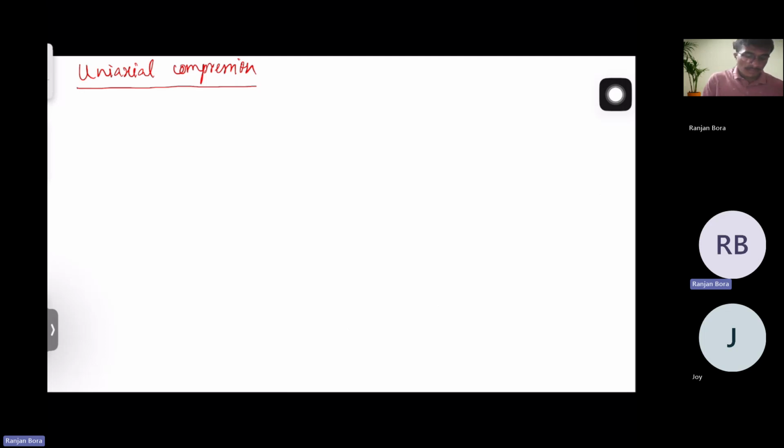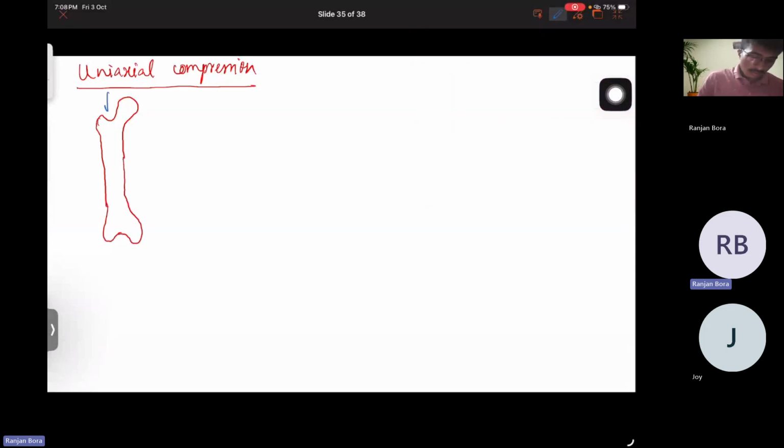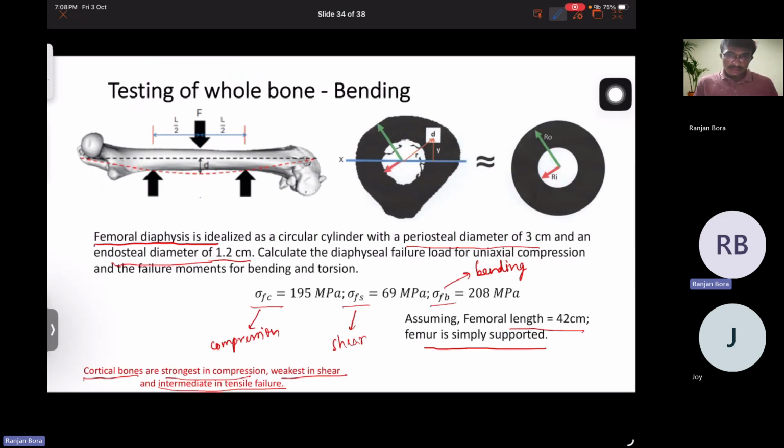So now in the first case, uniaxial compression, the femur will be acted on by a compressive load, F_C. Which failure stress do we need to use? We need to use sigma FC, the failure stress in compression, which is given as 195 megapascal.